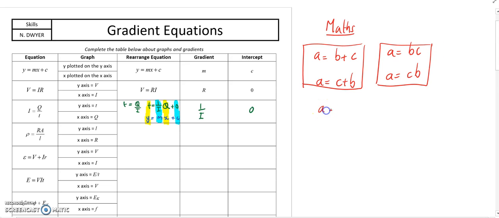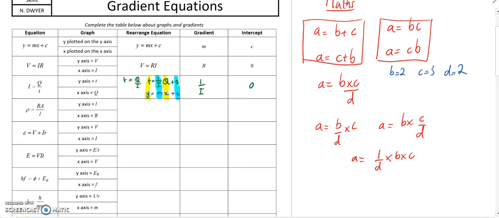Let's say A is B times C over D. Well, this can be written in a number of ways. We can write this A is B over D times C. We can write this B times C over D. And we can write this 1 over D times B times C.